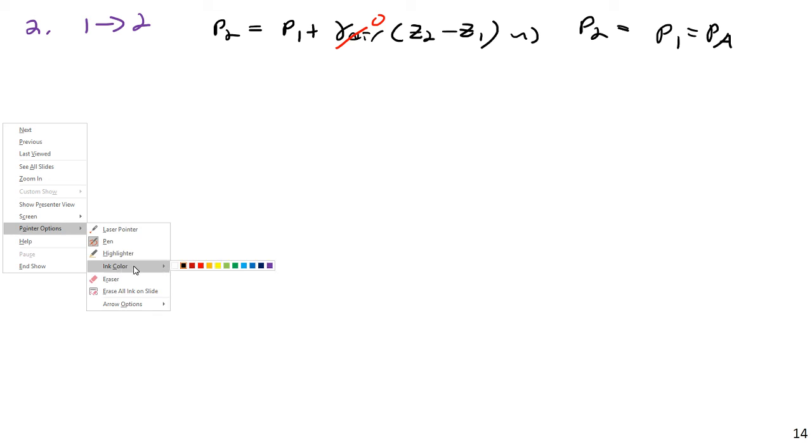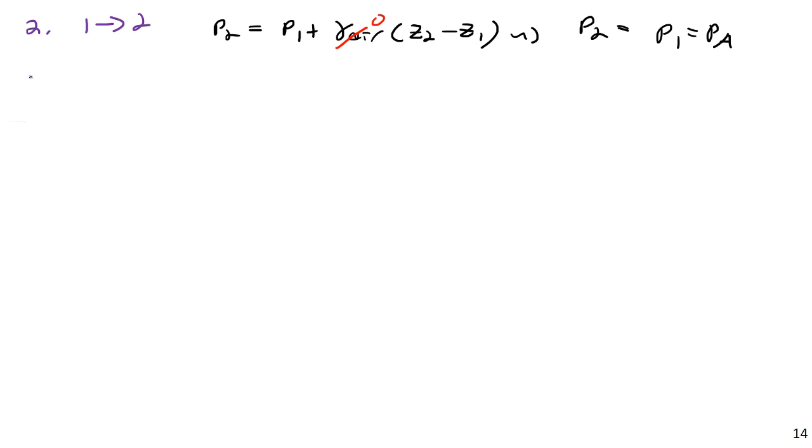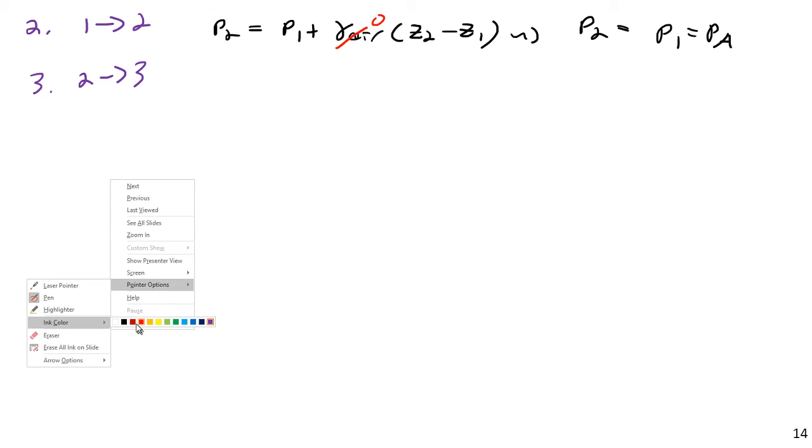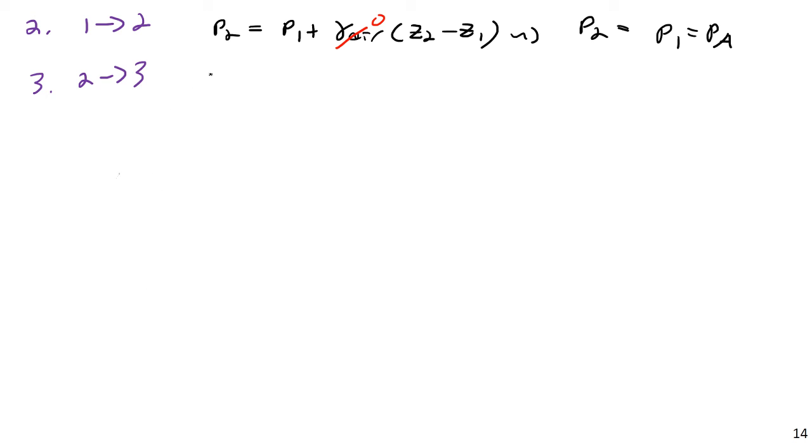Then step 3, I want to go from 2 to 3. Now I actually do need to have some non-zero quantities. P3 is going to be equal to P2 plus gamma of water times Z3 minus Z2.